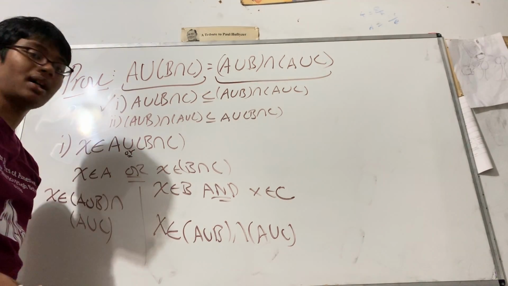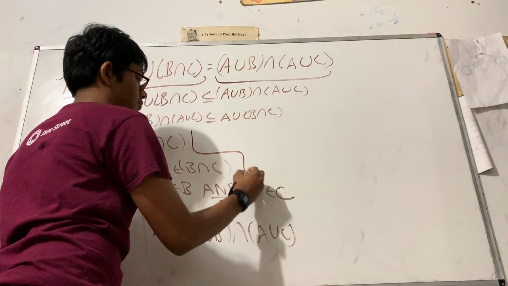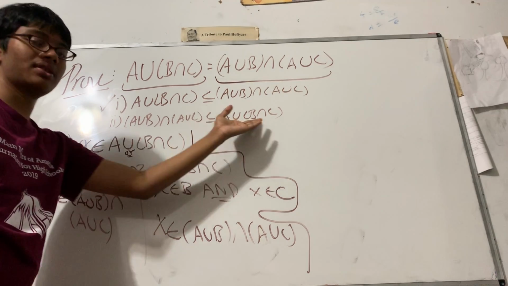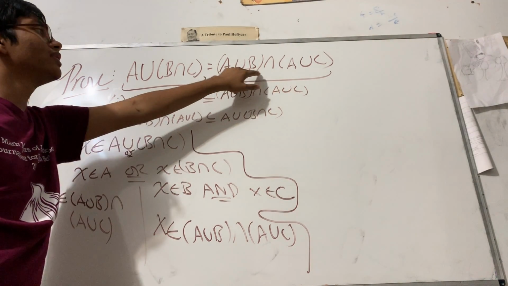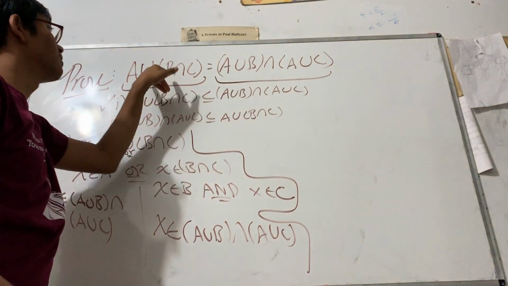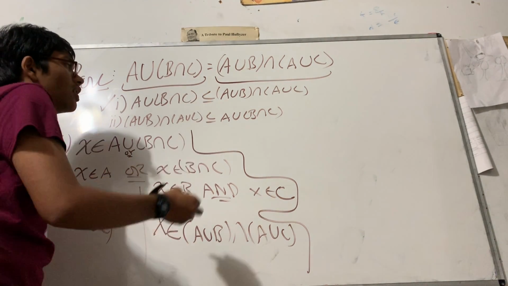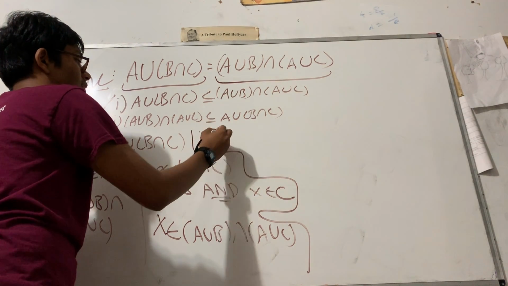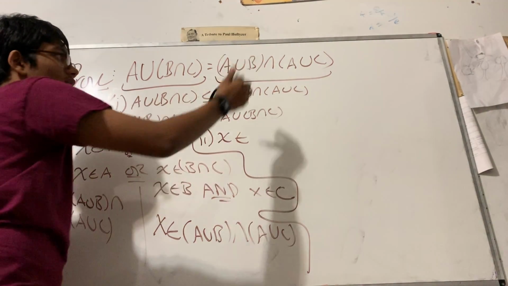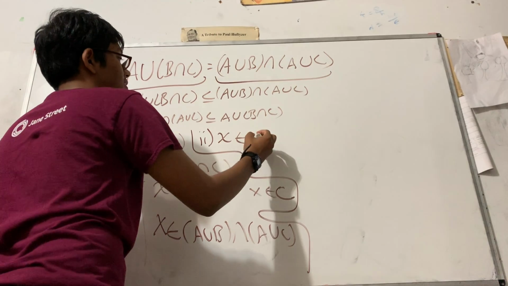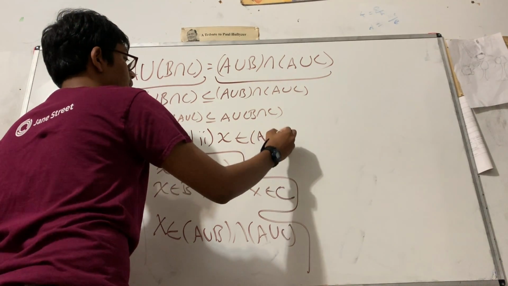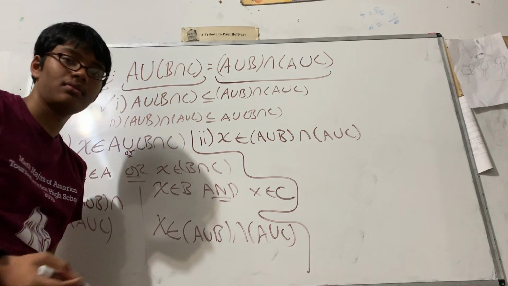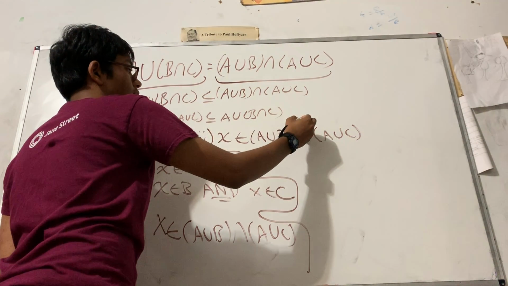Let's prove the opposite. Now I have to prove that (A union B) and (A union C) is a subset of the left-hand side. I'm going to apply the same method. I'm going to say that x is an element of the right-hand side, so x is an element of (A union B) and (A union C). Now, you see here that I wrote and.